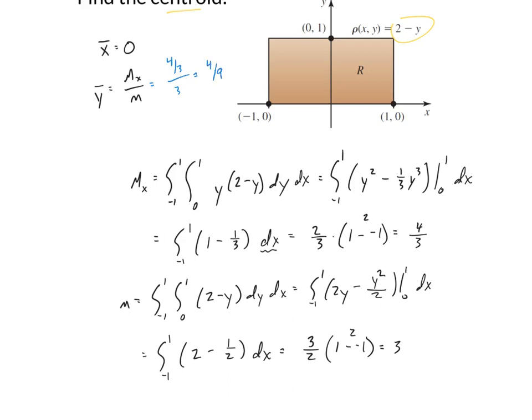Okay, so the centroid for this rectangle with variable density is (0, 4/9), and so it would put us right about there, slightly less than halfway up, because the rectangle is, if you think about that density function, 2 minus y, least dense at the top, 2 minus 1 is 1, and most dense at the bottom, 2 minus 0 is 2. So the density pulls the centroid down the rectangle a little bit further.